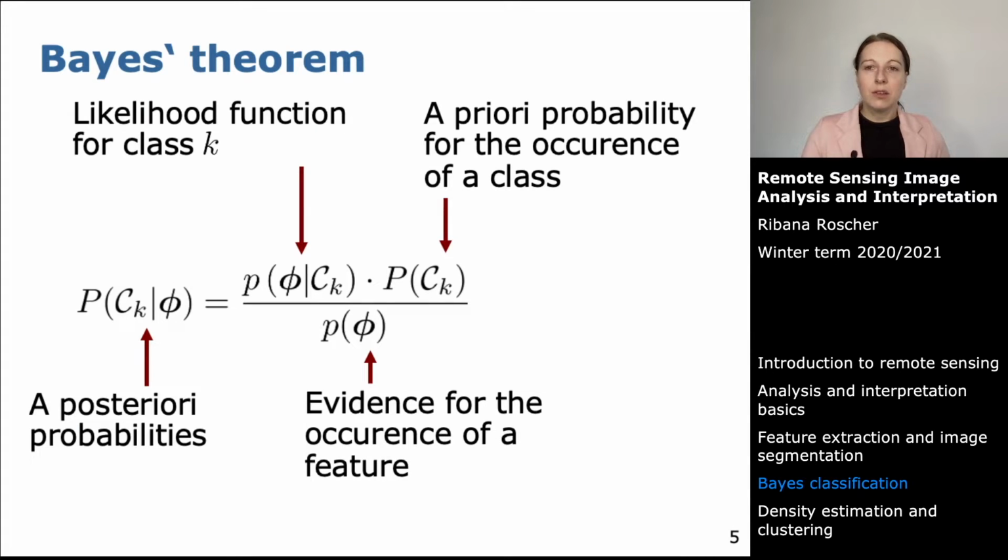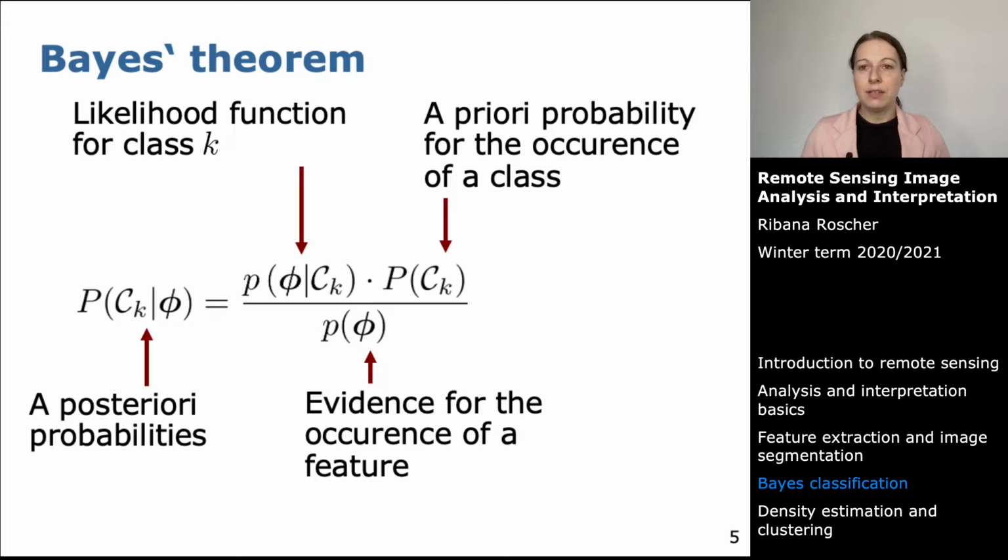And so let's now go through the single components after we introduced what we actually are aiming for and the notation. Let's have a look at the single terms in the Bayes theorem. So first of all, there is the likelihood function for a class k. So this likelihood function is given or you need to determine for each class k, and it's a value that indicates how likely it is that a specific feature occurs given a class k.